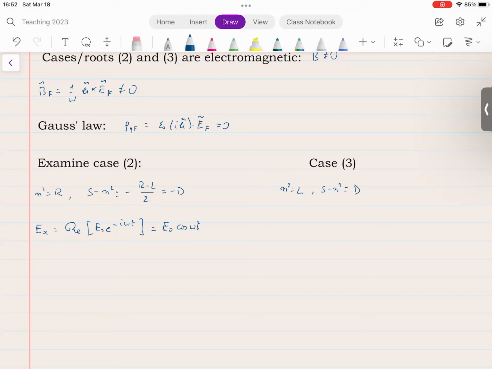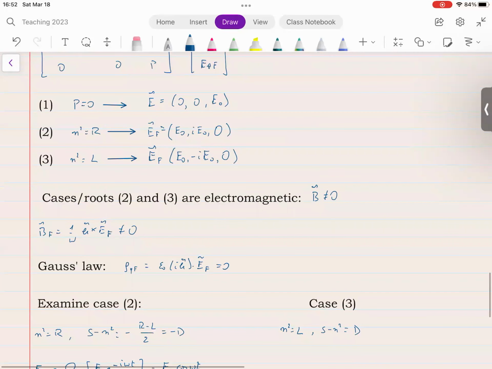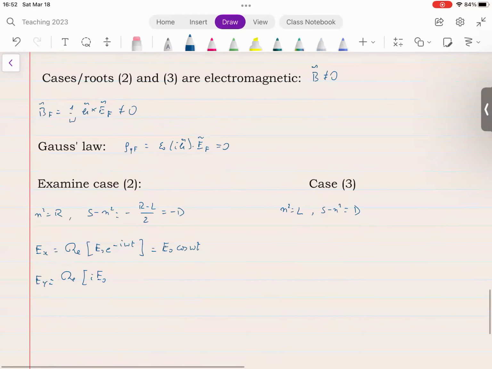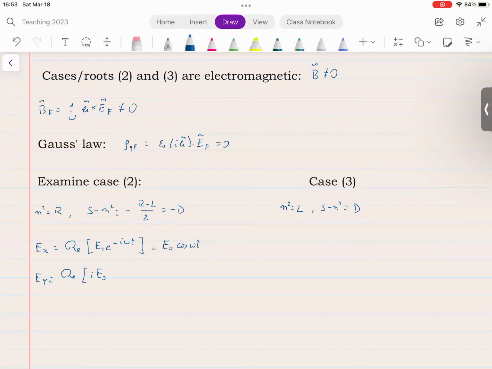And Ey is going to be equal to the real part of i E0, getting from the eigenvector here, times e to the minus i omega t. And that gives me a sine with a plus sign. E0 sine of omega t.